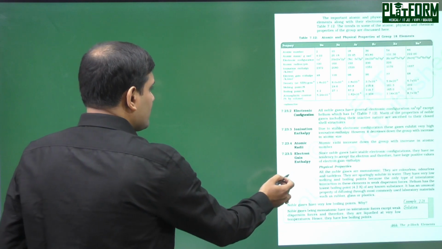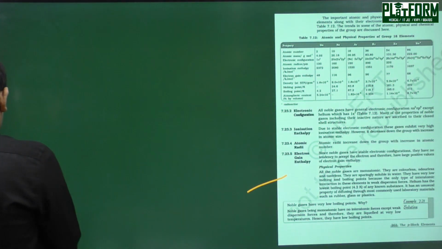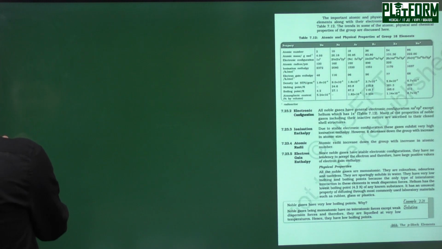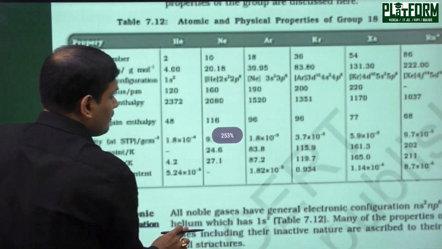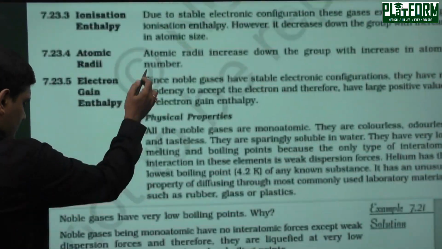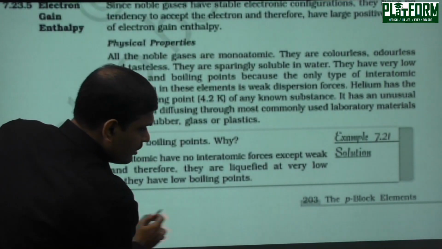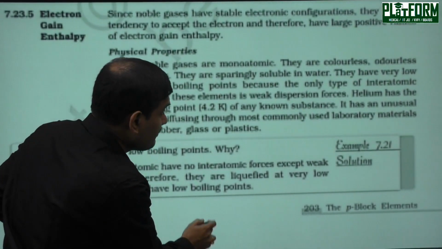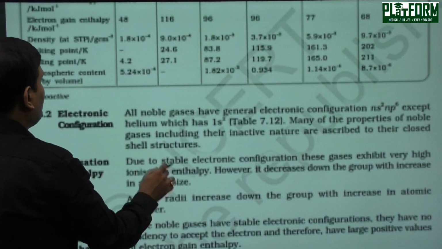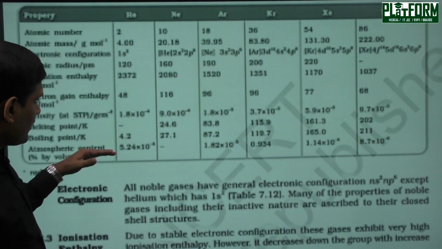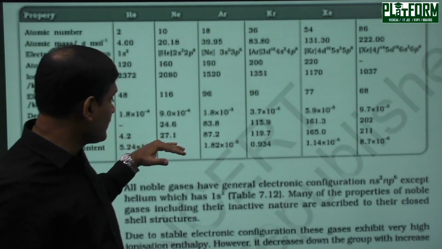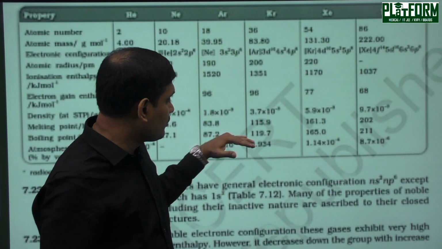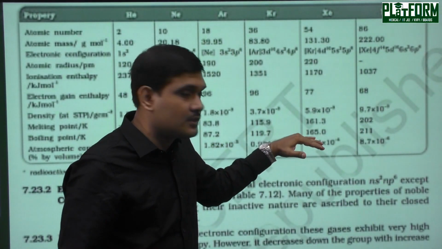If you find the NCERT text, I think on page number 203, class 12 portion, P block, you will get direct data on the melting and boiling points of noble gases: helium 4.2 Kelvin, 27.1 Kelvin, 87.2 Kelvin, 112.7, 165, and so on.